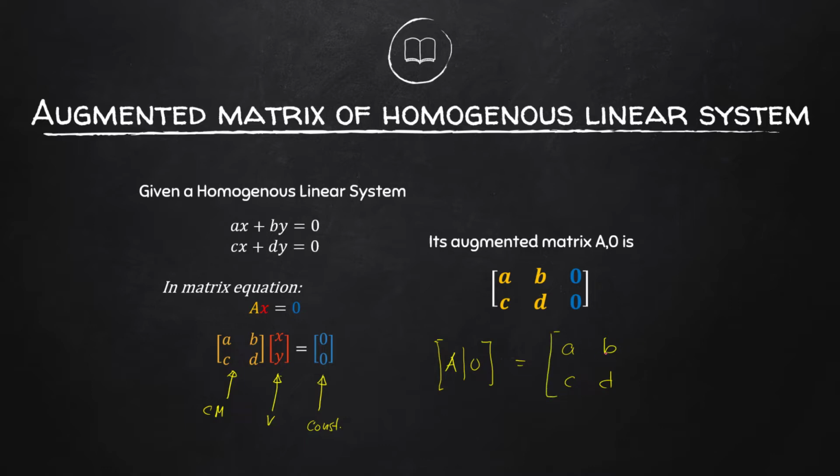This is for the coefficient matrix, and then you place a vertical line to separate the constants of the system. And here we have your augmented matrix of the homogeneous linear system.